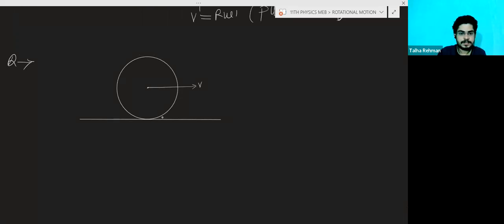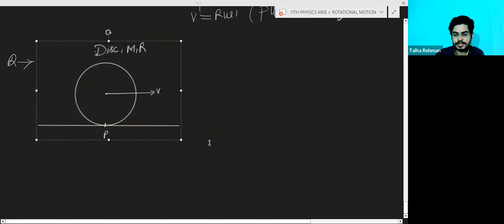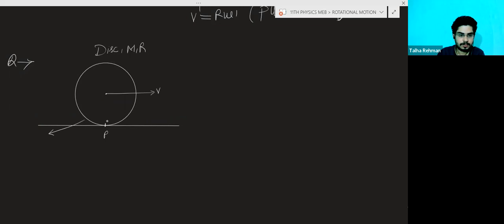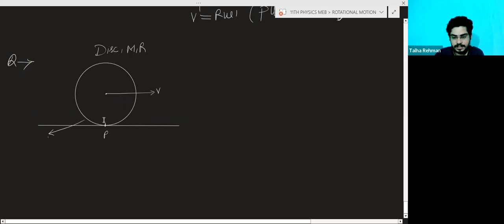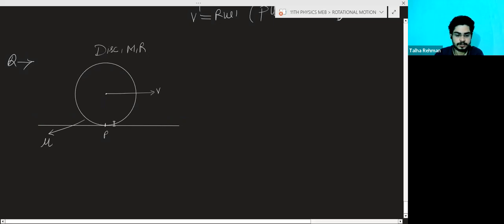So here is a disk, and this disk has mass capital M and radius R. This is the point of contact P. And the coefficient of friction between this surface and this body is mu.